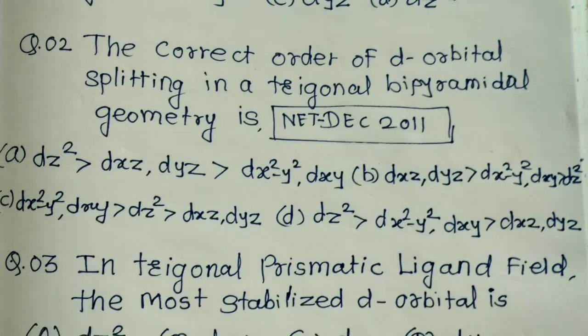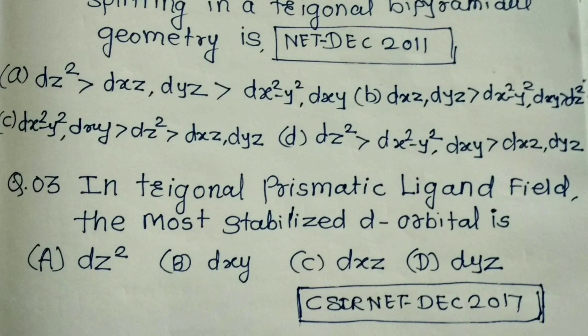Now the last question, question number 3. This question was asked in CSIR NET December 2017. In a trigonal prismatic ligand field, the most stabilized d orbital is... Those orbitals having the lowest energy are the most stabilized orbitals.